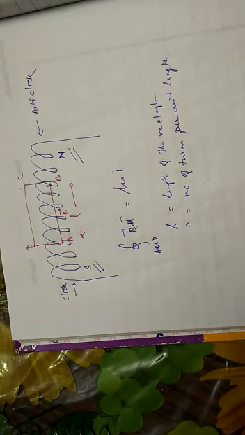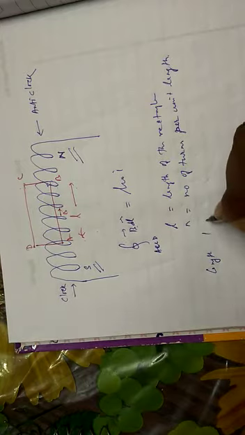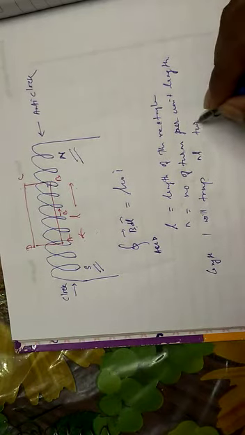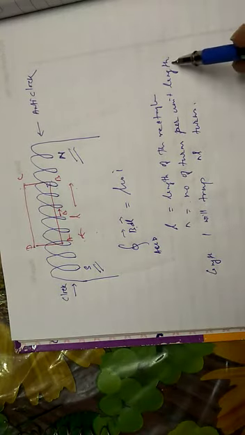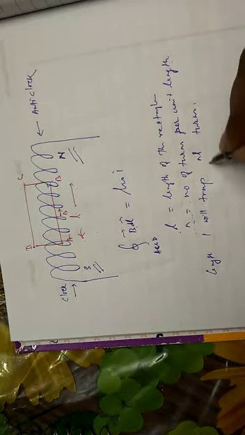Then length L will trap n times L turns, because n is the number of turns per unit length, so a total length of 1 meter will trap n turns, and length L will trap nL turns, and each turn has current I. So the total current trapped will be nLI.